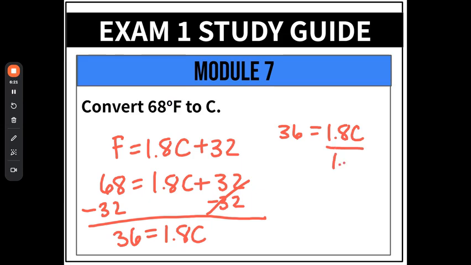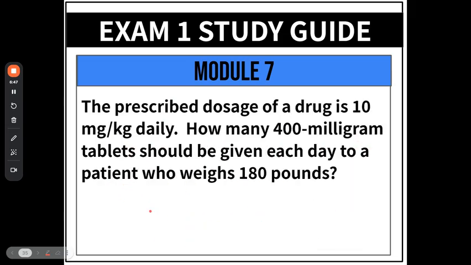Then we can divide by 1.8 on both sides to get C by itself over here. And when we divide 36 by 1.8, we get 20. 20 degrees Celsius.